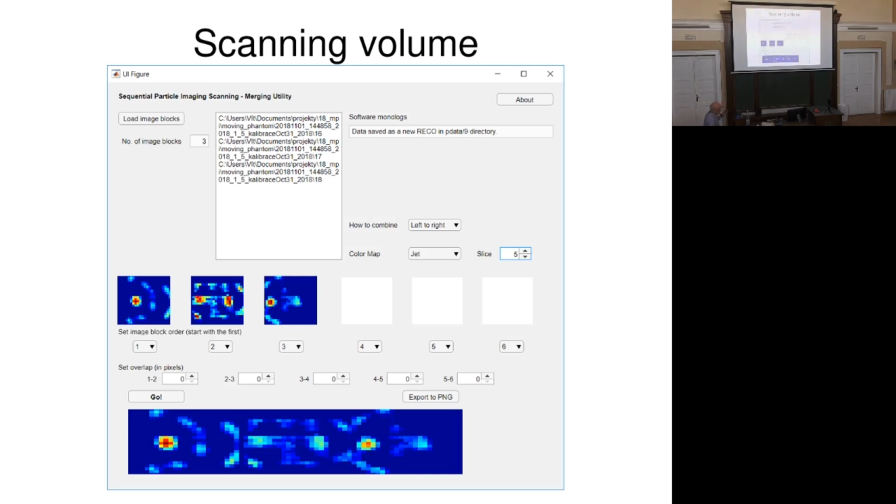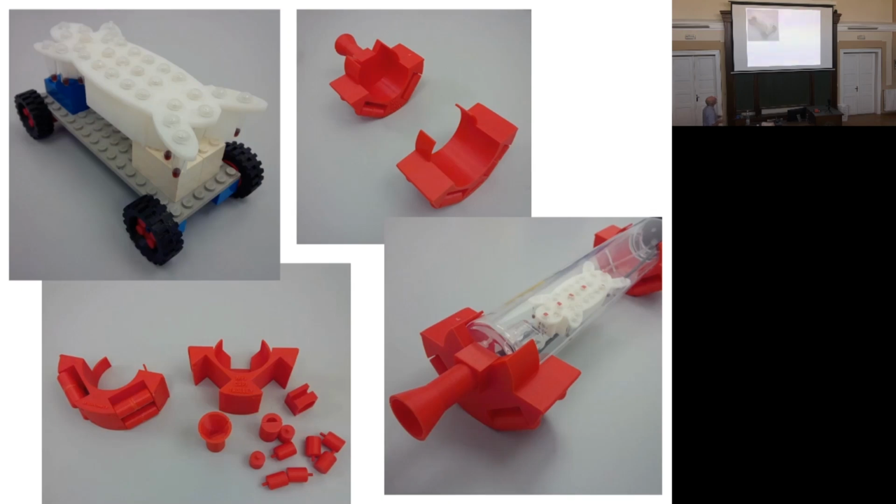We already wrote simple software for this which enables putting images together, but of course if you manually move the animal or the sample, then you have to add all the parameters manually here, because there is no connection between the measurement and the software. So it's not very practical.